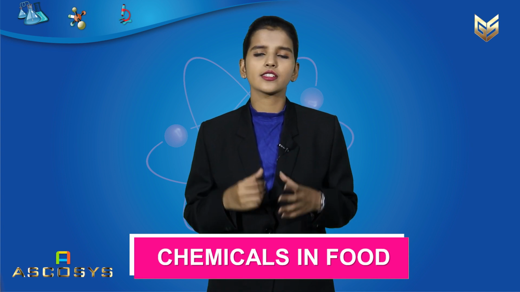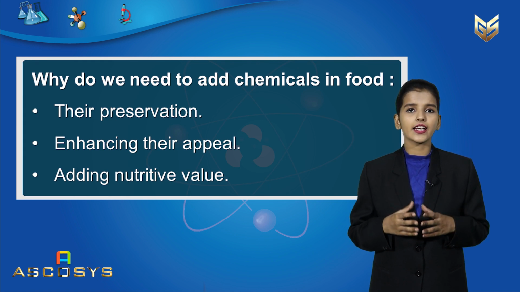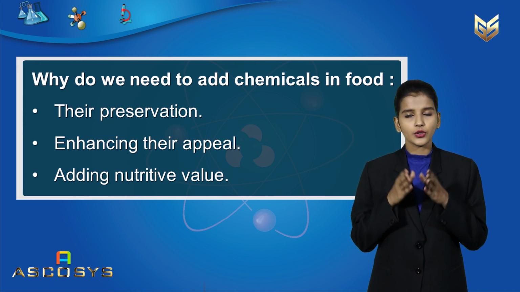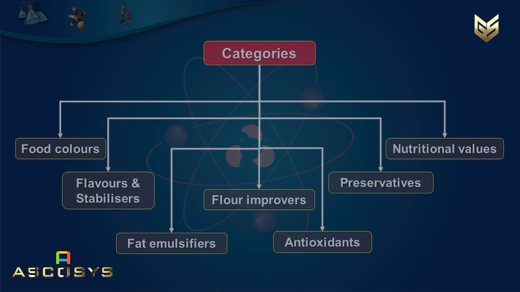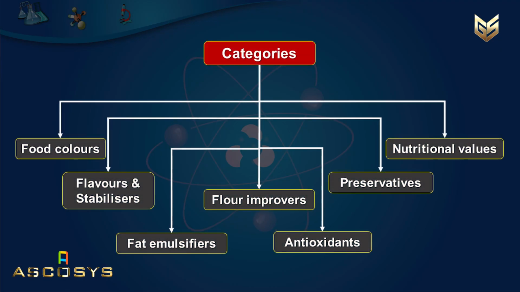Chemicals in food. Why do we need to add chemicals in food? For their preservation, for enhancing their appeal, and last, to increase their nutritional value. The categories of these chemicals are food colors, flavors and stabilizers, fat emulsifiers, flavor improvers, antioxidants, preservers, and nutritional value.